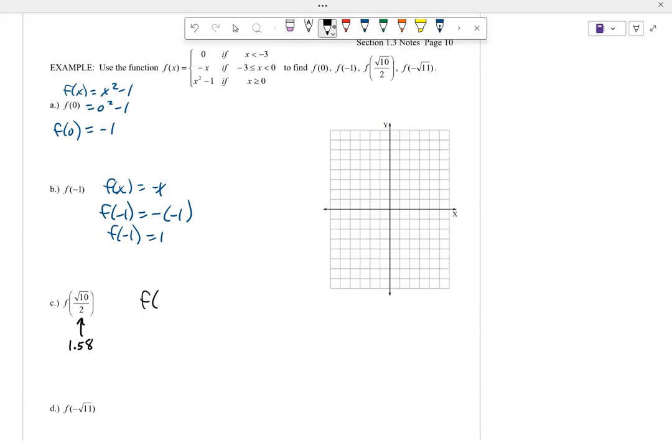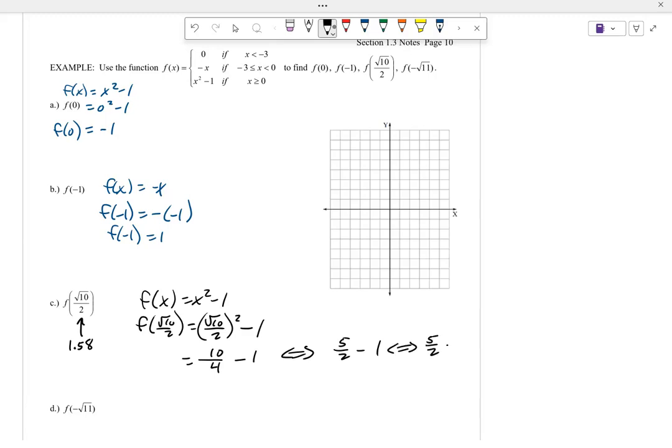So I want to use that bottom one, x squared minus 1. So square root of 10 times square root of 10 is just 10. 2 squared is 4. So I get 10 fourths minus 1. So I get 5 halves minus 1. 5 halves minus 2 halves, or 3 halves.